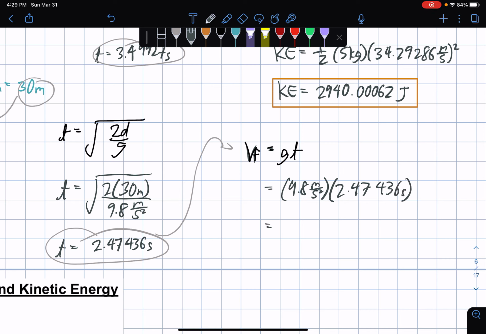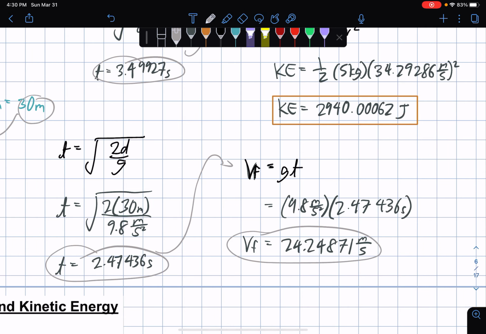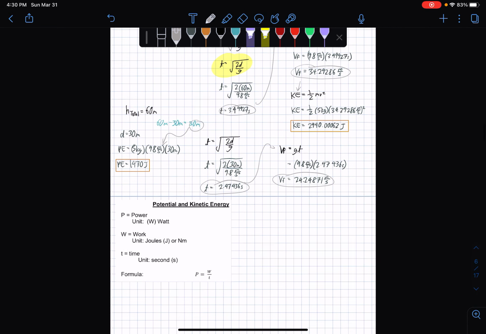So 9.8 times 2.47436, that is 24.24871 meters per second. So that's the VF.